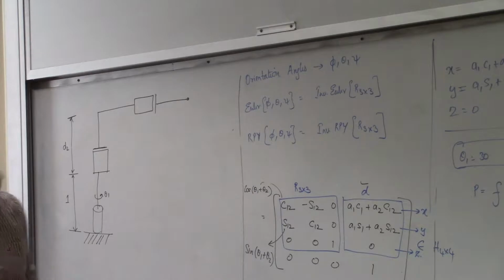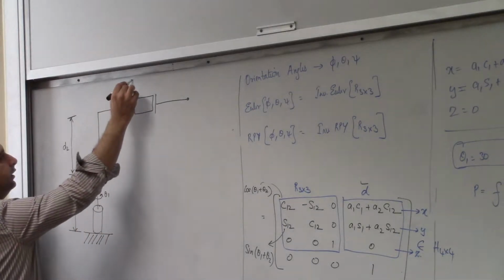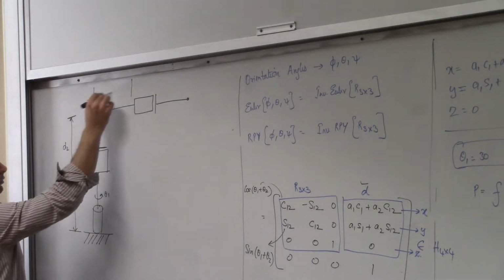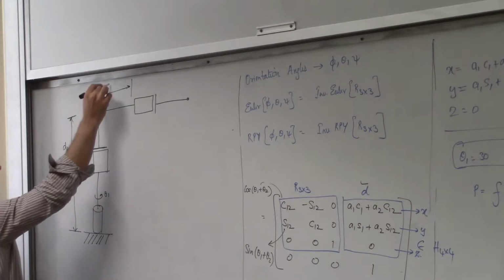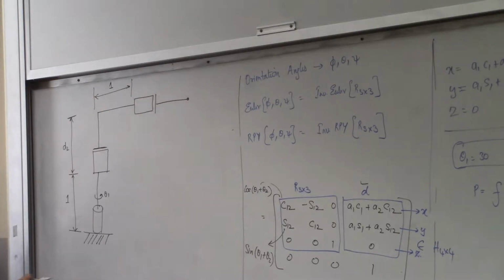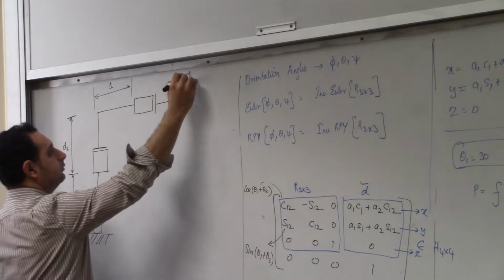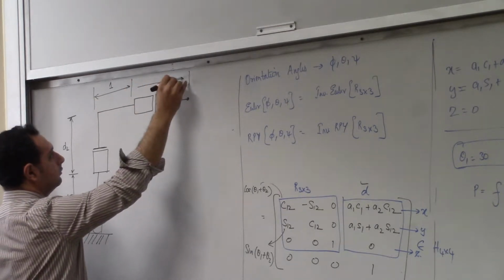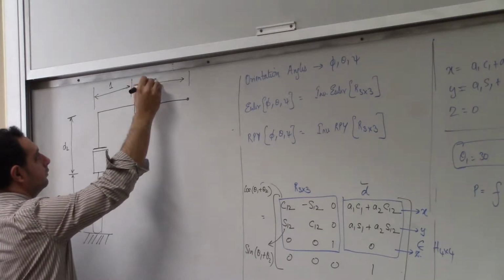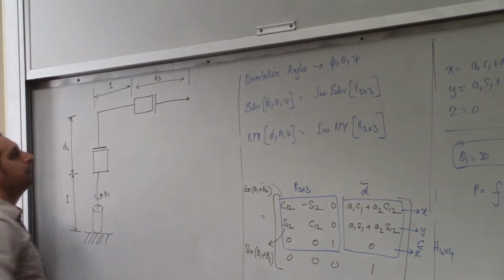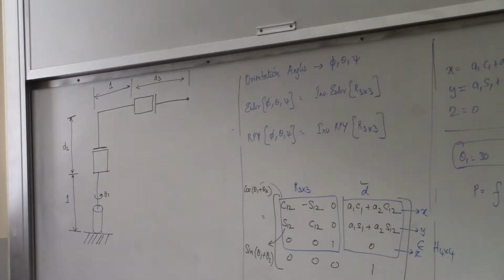And from this point to this point is 1. Okay, and from here to here is d3. All right, we need to find d.